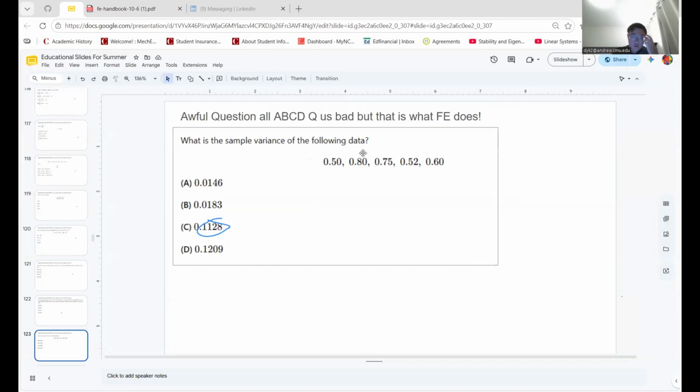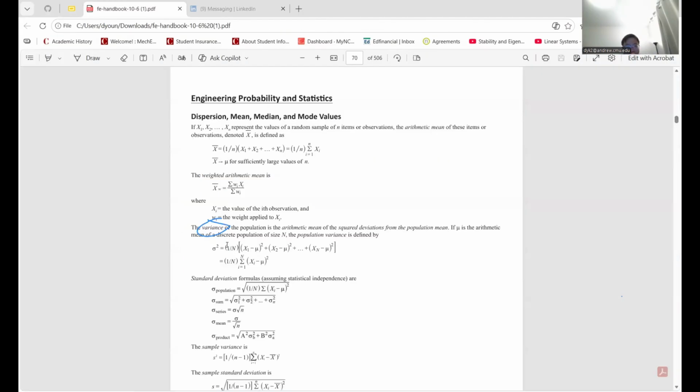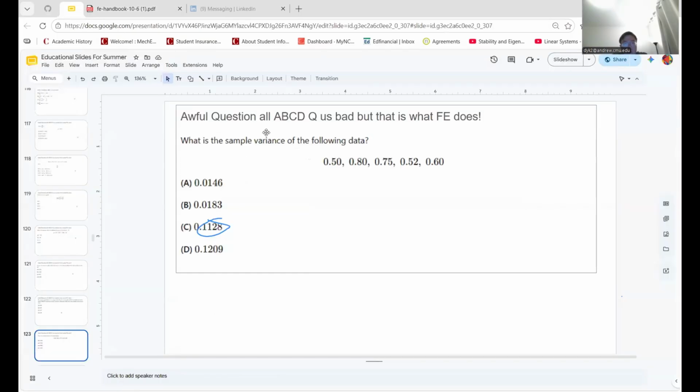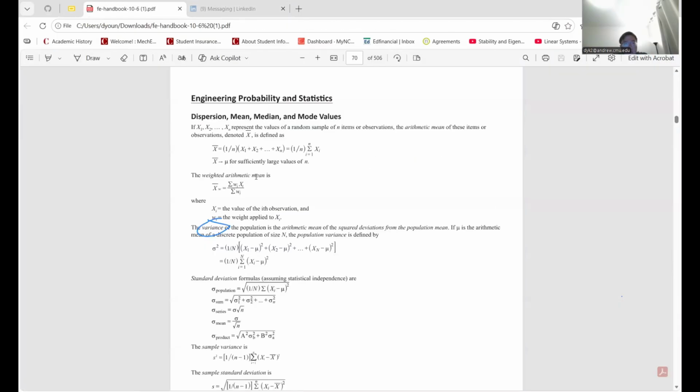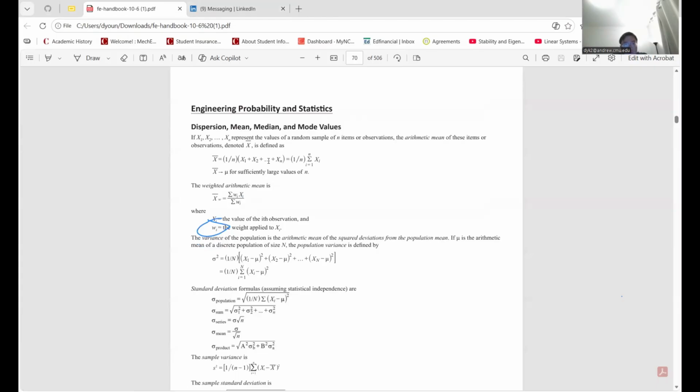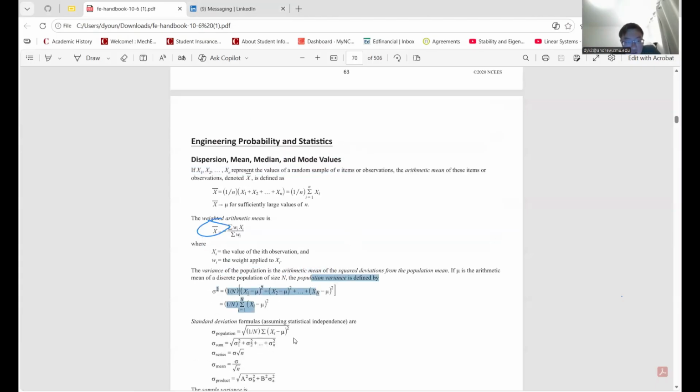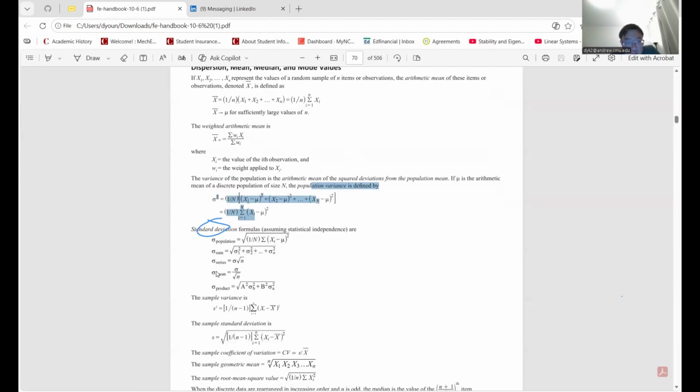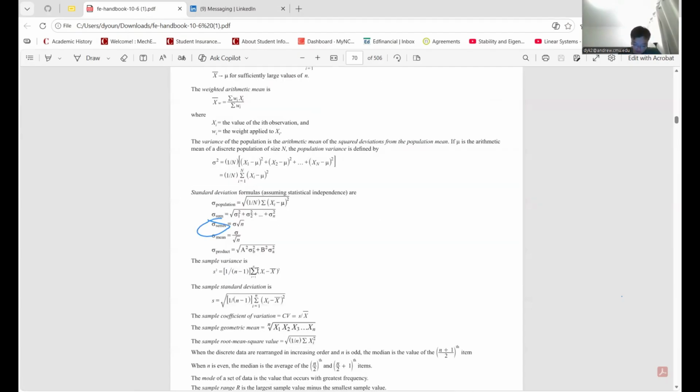Oh, is it just... no, no, no, I'm definitely not flipping here. This is not correct. What is it looking for? Sample variance. No, that's not right. Sample variance, here it is. I was right. I was like, no, I know my math. I know that's not right.